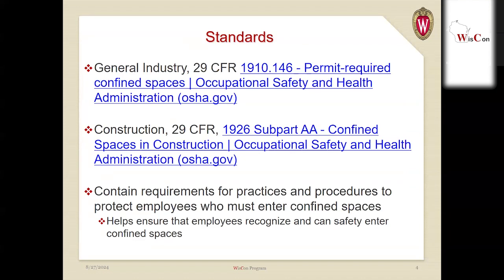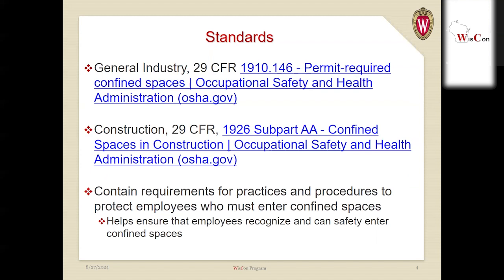So what are the standards that we see when it comes to confined space? The first one is going to be general industry. So this is 1910.146. And this is focused on permit required confined spaces. You can see that on OSHA's website. There's also a separate standard for construction. And this is going to be 1926 subpart AA for confined spaces in construction.